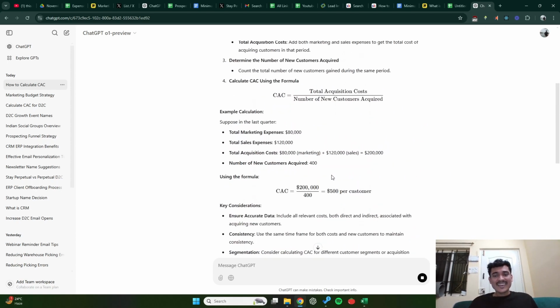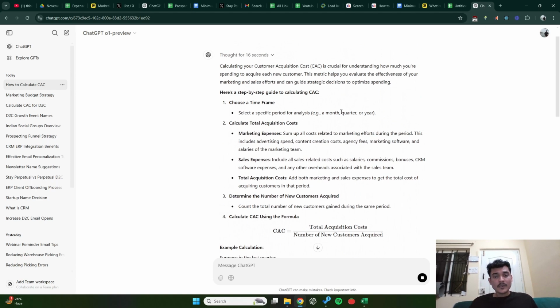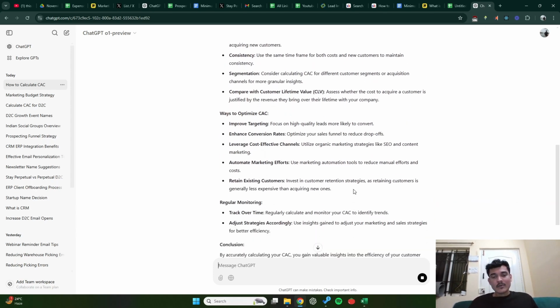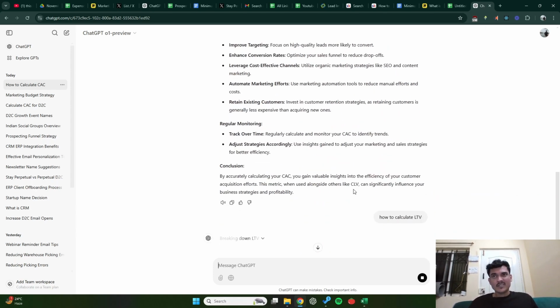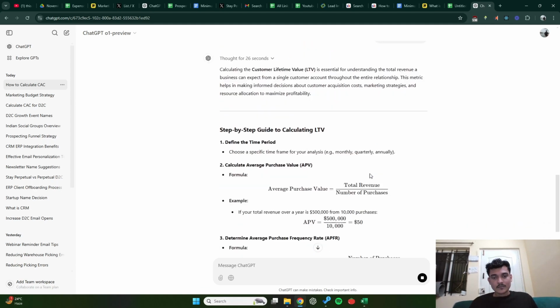Here the CAC is specific to a period, so you need to calculate weekly, monthly, or quarterly. A better way would be a monthly period. It's not too long, nor every 15 days. Things also change for a specific time frame, since there's a lot happening in the world. So a month is a good time to calculate CAC.